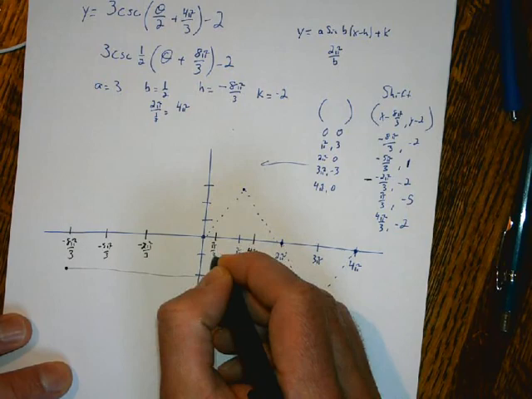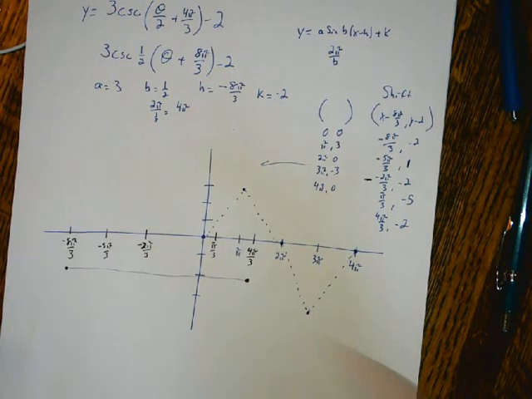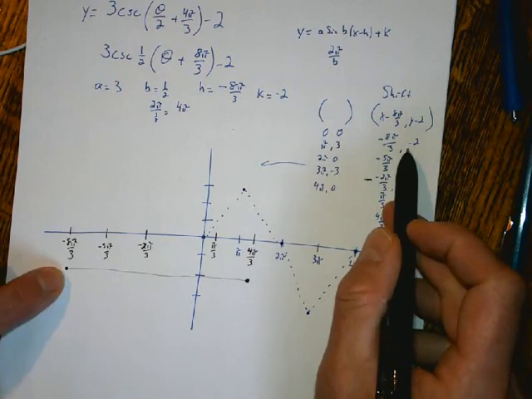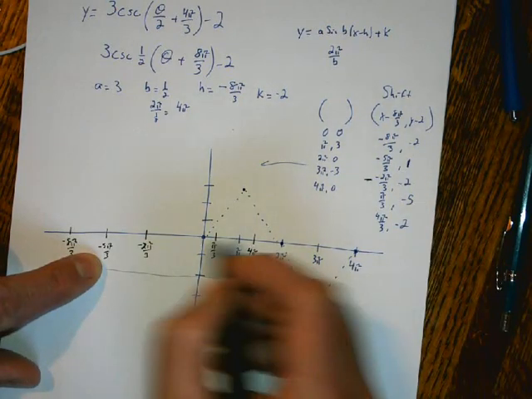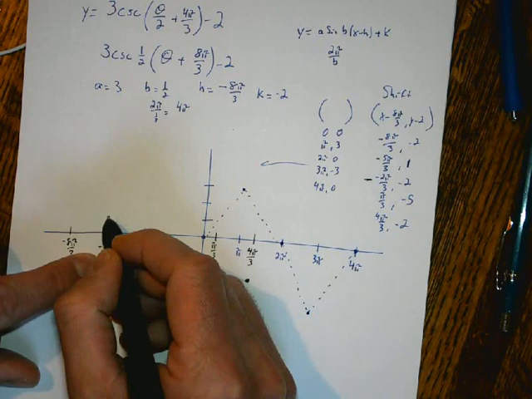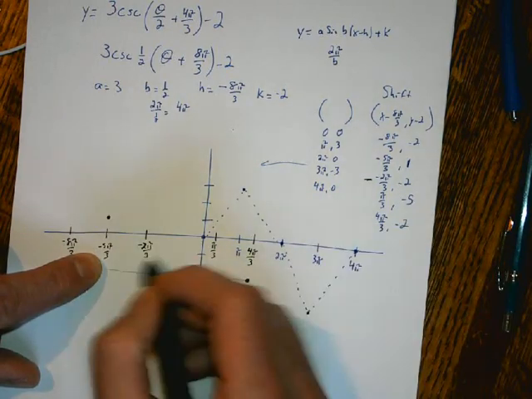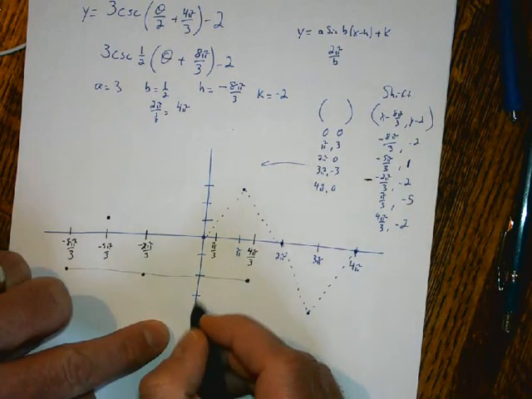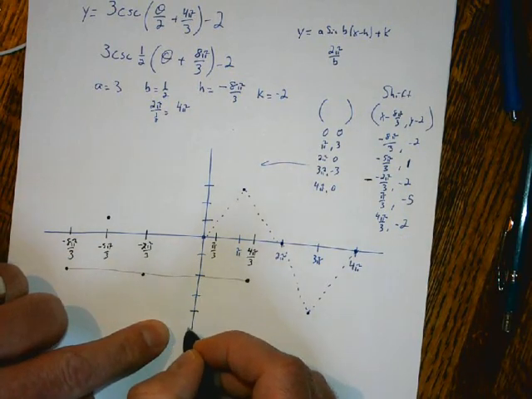At least I have this positive and this is negative, so we're above the curve here for that. Now, we have negative 2 and negative 5 pi over 3 are at positive 1. And then I go back down to negative 2. And then at pi over 3, it's at negative 5. So here's 3, 4, 5.